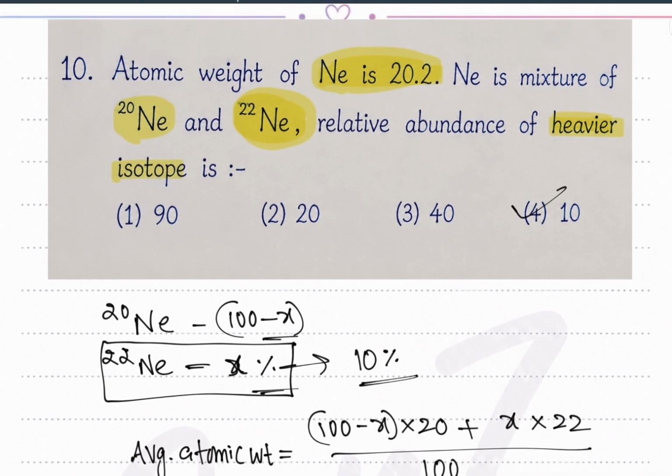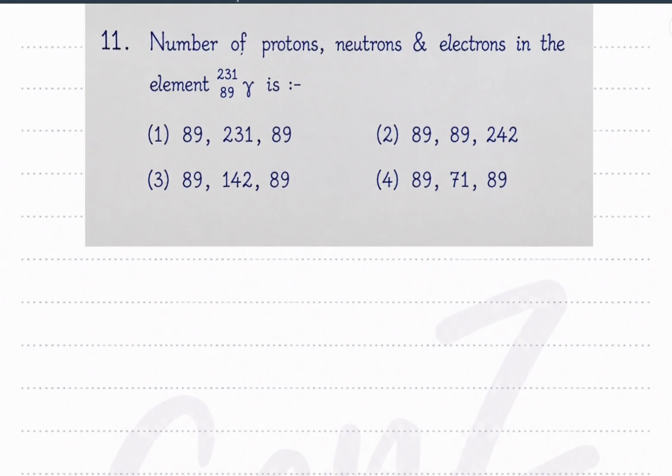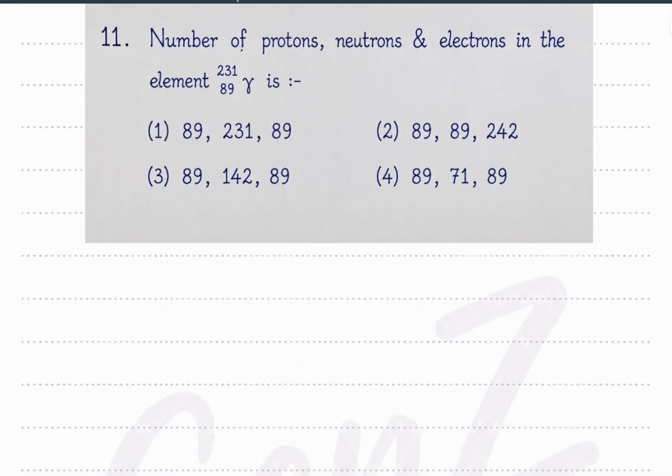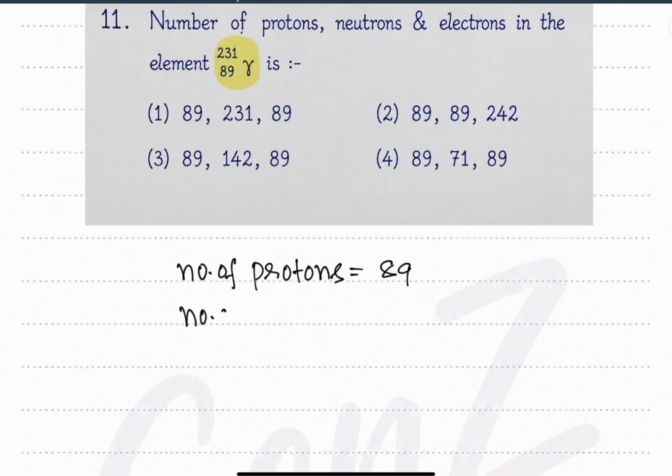Next question. The number of protons, neutrons and electrons in the element 231 89 is asked. Number of protons is the atomic number, which is 89. As it is a neutral atom, the number of electrons is also 89.